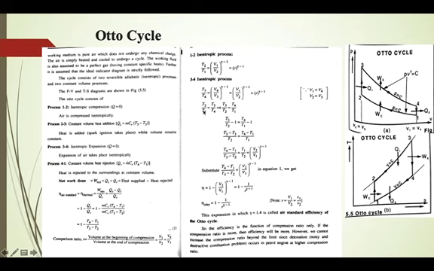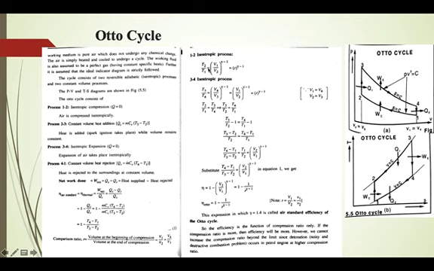Now T2 by T1 is equal to T3 by T4, which implies T3 by T2 is equal to T4 by T1. This is a simple rearrangement. Since these two terms represent it, T2 is equal to T1 into R raised to gamma minus 1, and T3 is equal to T4 into R raised to gamma minus 1. So you can substitute that here.